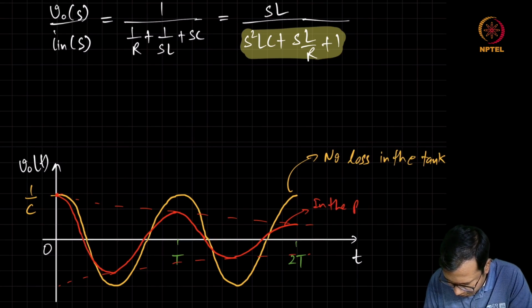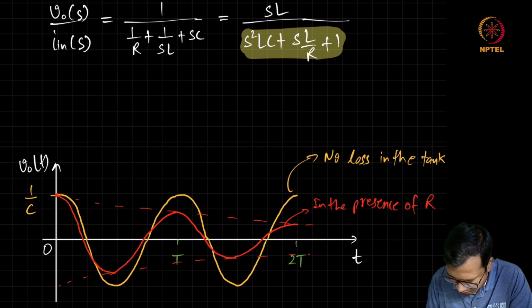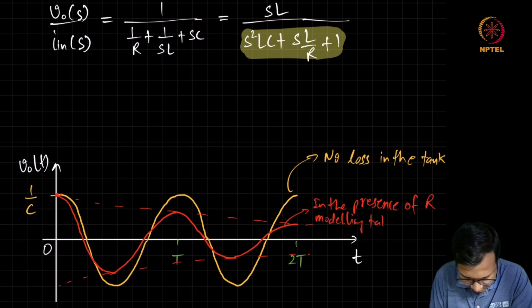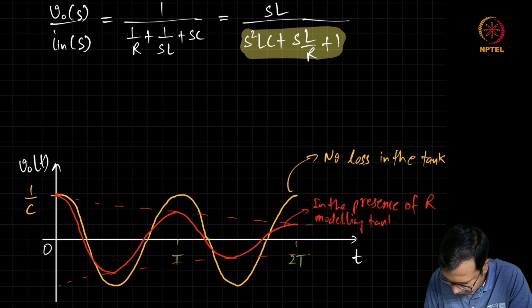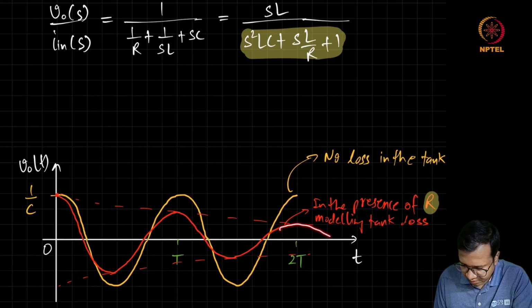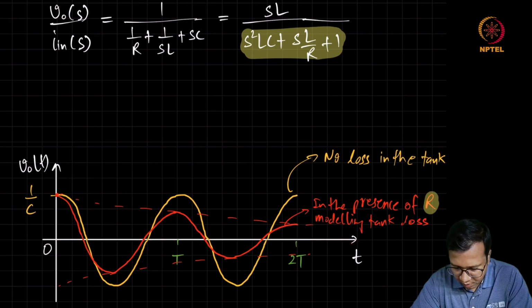The presence of R is modeling tank loss. So we can easily see that as time progresses, this output voltage is going to become 0, and we won't be having a sustained oscillation.